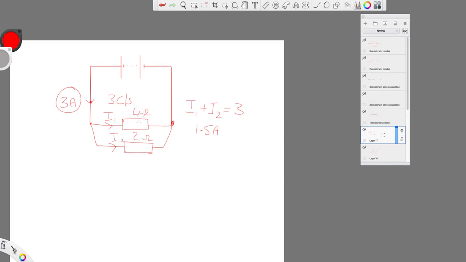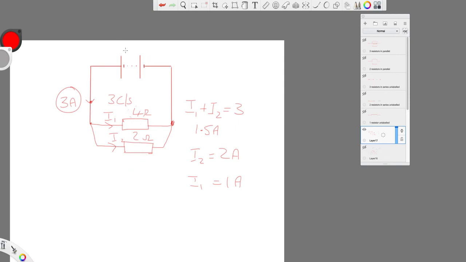So half the current that's going through here will go through here, because this is twice as difficult. So you're going to have I2 will be 2 amps and I1 will be 1 amp. Because I2 is twice as easy, and so you'll have twice the current.